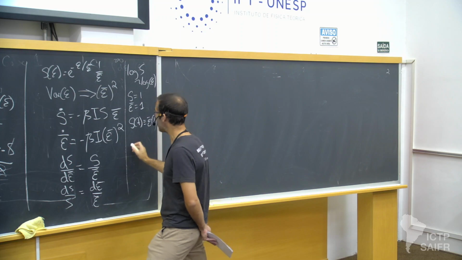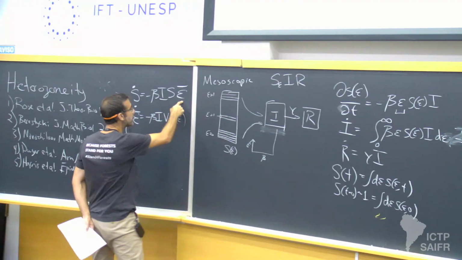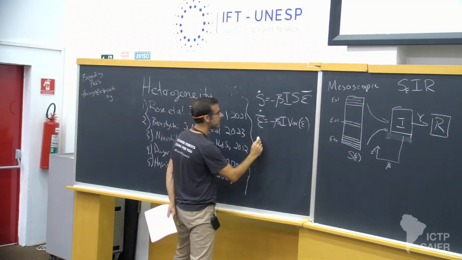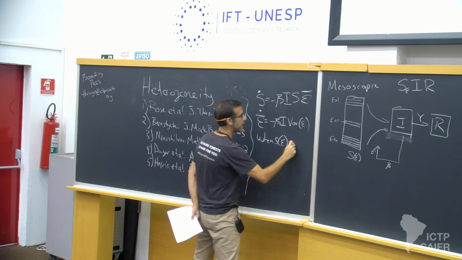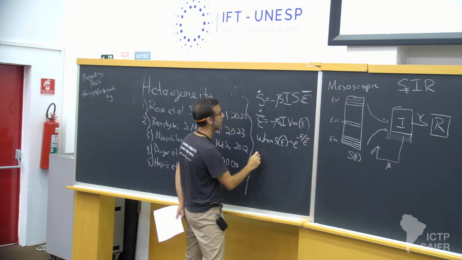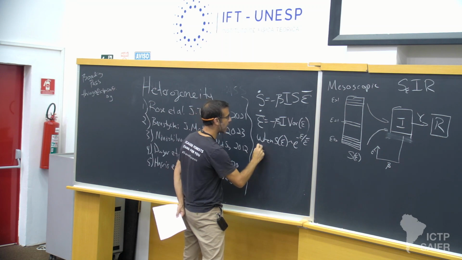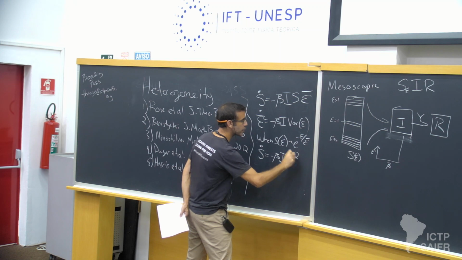And this implies, if this is just tracking, when S of epsilon is something like e to the minus epsilon over epsilon bar initially, then S dot is minus beta I S squared.